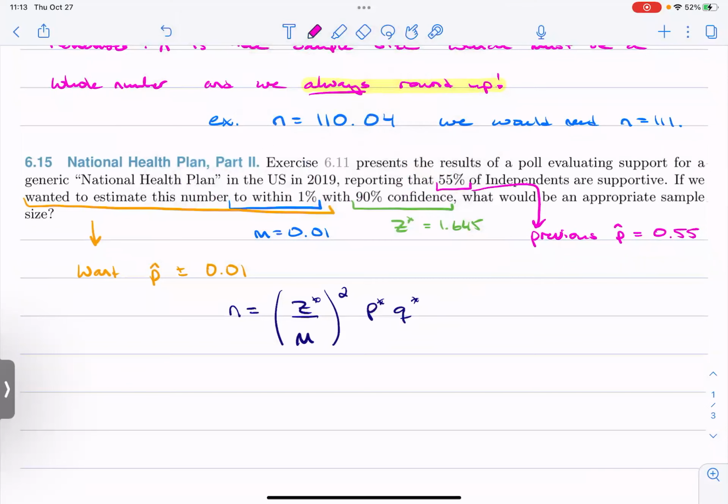In our case, we will use the previous p hat equal to 0.55 as our P star. As soon as we have something, we're going to use that instead, to save ourselves a little bit of money in terms of how many people we want to sample.